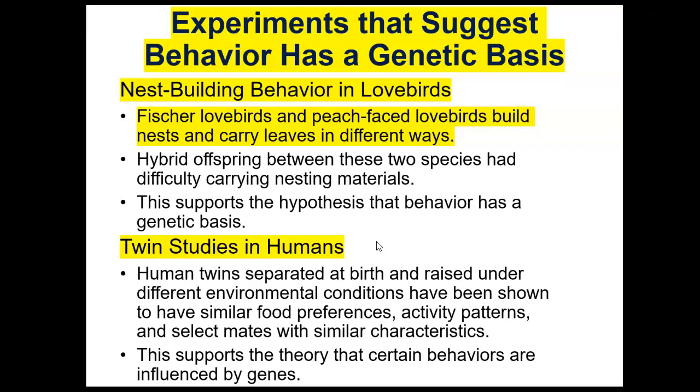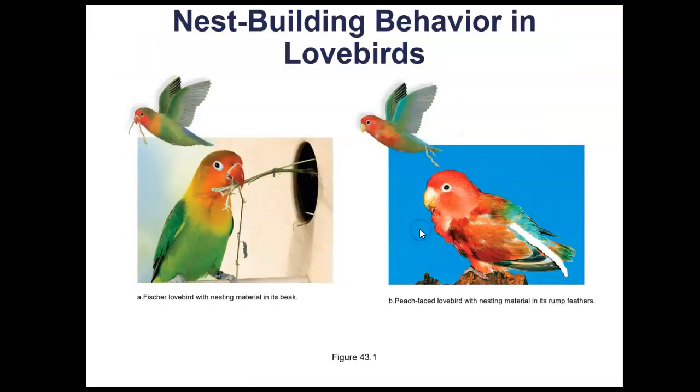Maybe they select very similar mates, have very similar careers, choose similar foods. You may have one twin that works in healthcare as a paramedic, and another twin that works in healthcare as a physician assistant, but they both work in healthcare, that kind of thing. So that supports the theory that certain behaviors are influenced by genes.